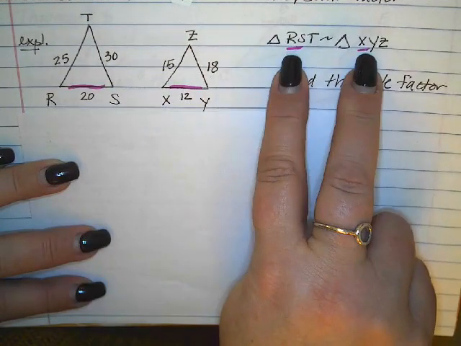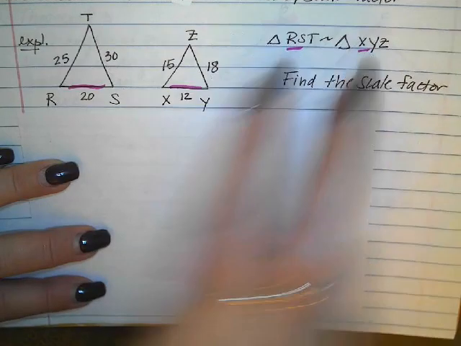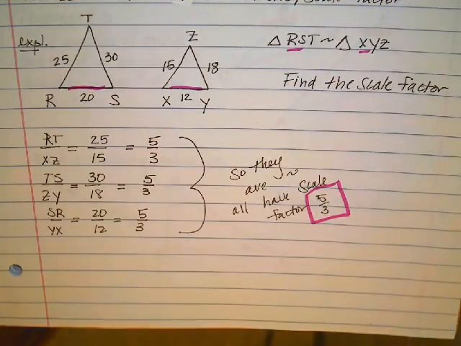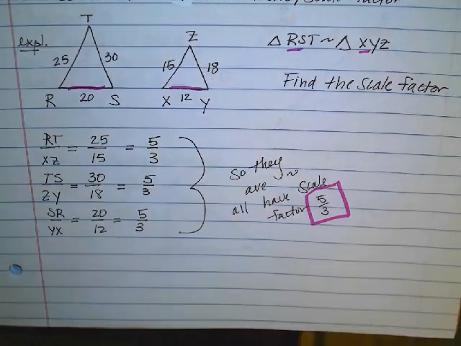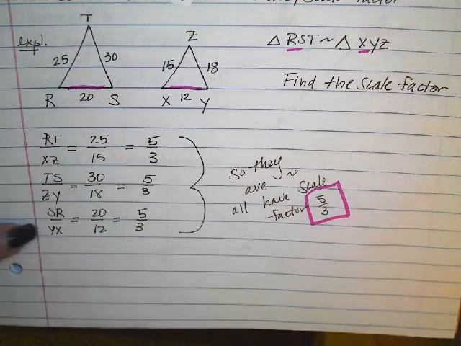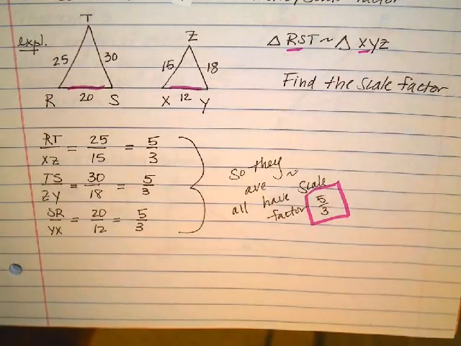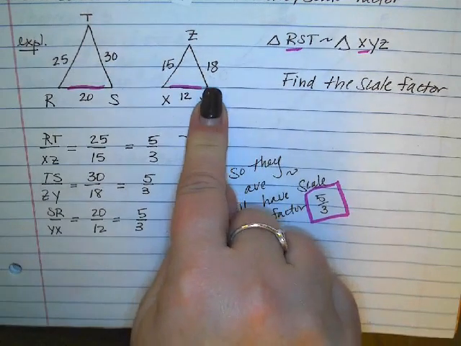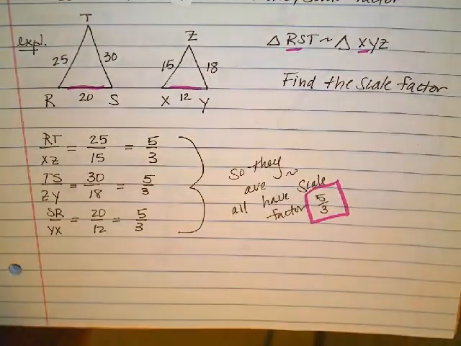For instance, these first two positions, RS and XY, these guys are going to match. And what we're going to do is set those up and test those ratios. And when I test each of the pairings and the ratios, I find that each time I get 5/3. And that means that the scale factor from this larger triangle to the smaller triangle is a factor of 5/3.